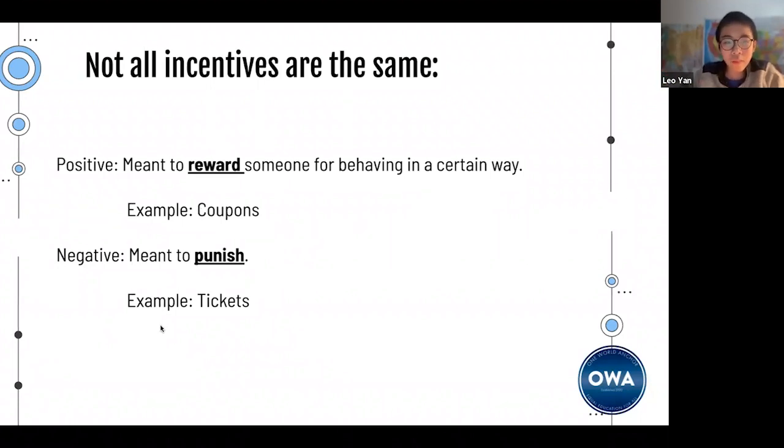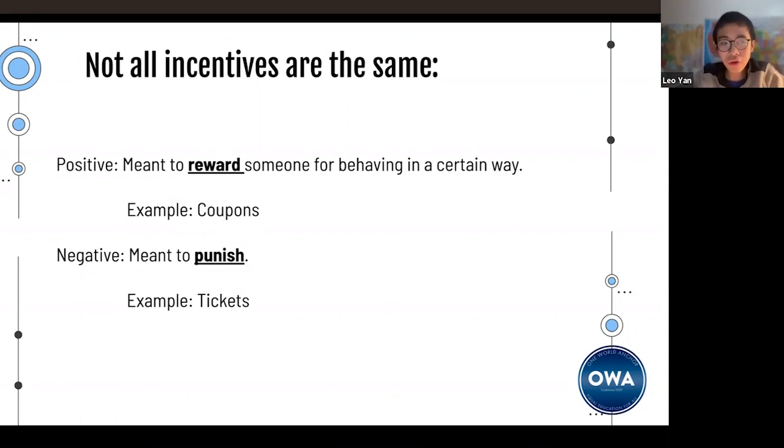And now, let's take the negative of that. Let's take the exact opposite. If you can reward someone for performing in a certain way, you can also punish someone for performing in a certain way. An example of this would be tickets.